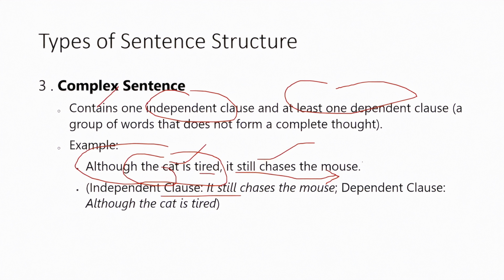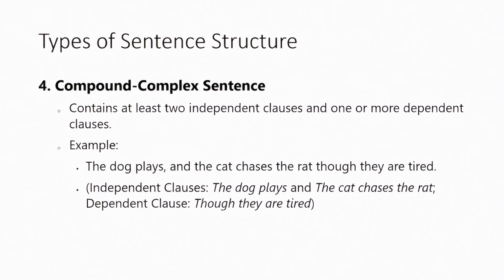So this is the independent clause, whereas although the cat is tired is the dependent clause. So this combination is called a complex sentence. Here we have only one dependent clause. There may be one clause or maybe more than one.